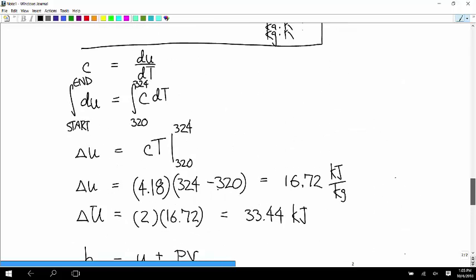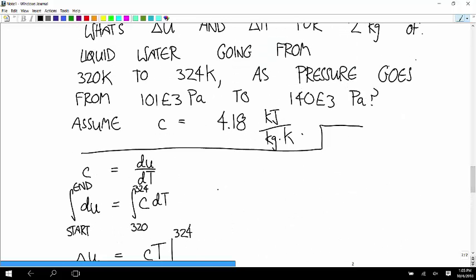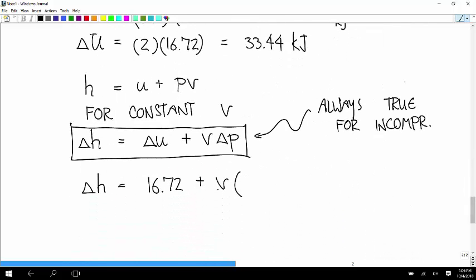We're assuming that the pressure changes from 101 kilopascals to 140 kilopascals, so this is 140 times 10 to the third minus 101 times 10 to the third.